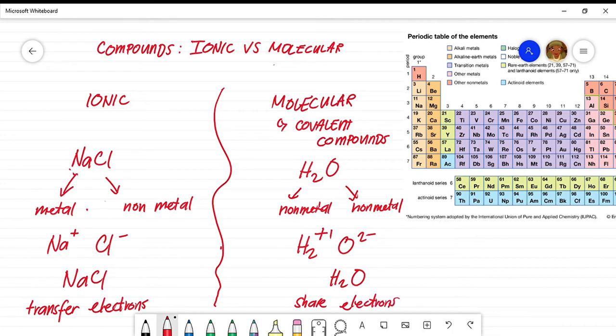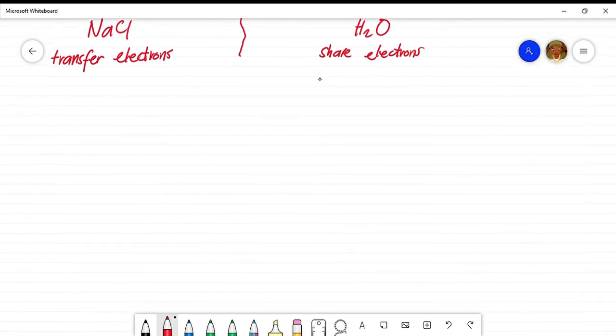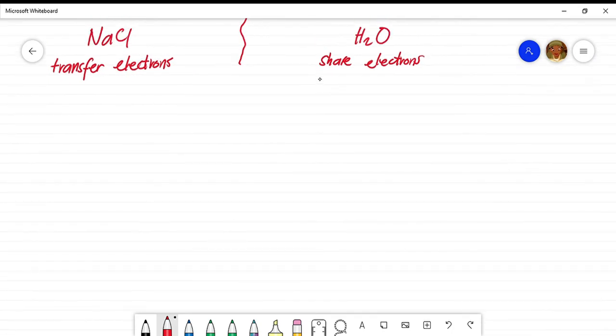Since we're not going to go deeper into the types of compounds, let us just use these determinants to see if it's ionic or molecular by looking at their composition, if it's metal or non-metal. For more examples, let's say we have NO2 or nitrogen dioxide.